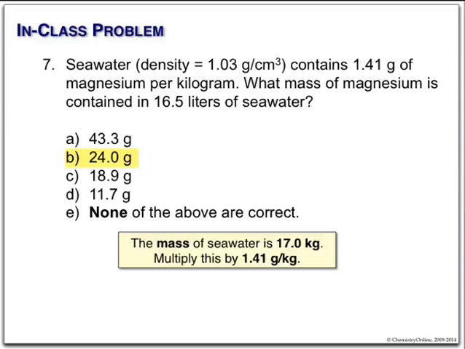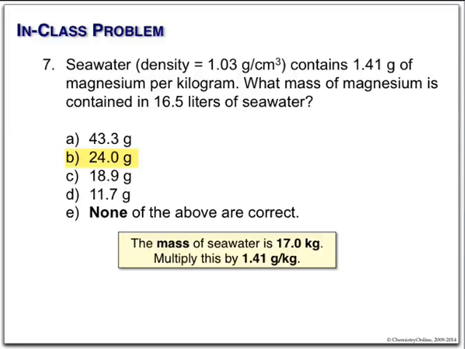Let's put it up here. Now, we must convert our liters into cubic centimeters, right? We can do that because we know that every liter is 1,000 cubic centimeters.